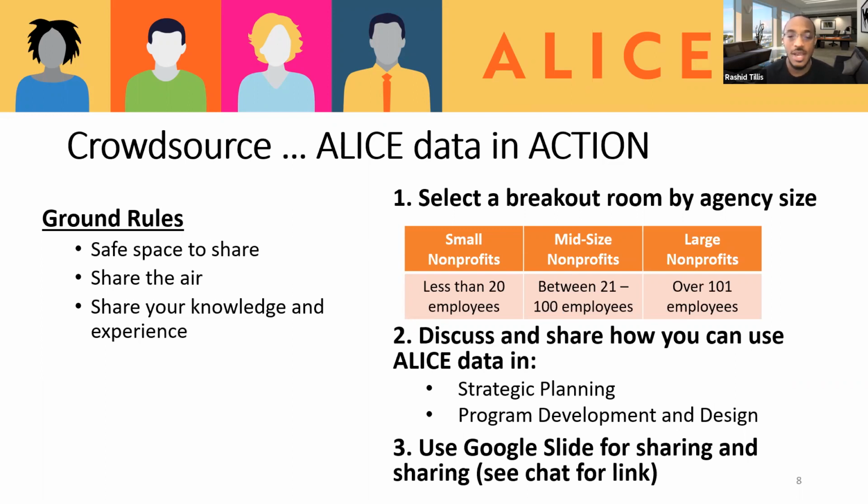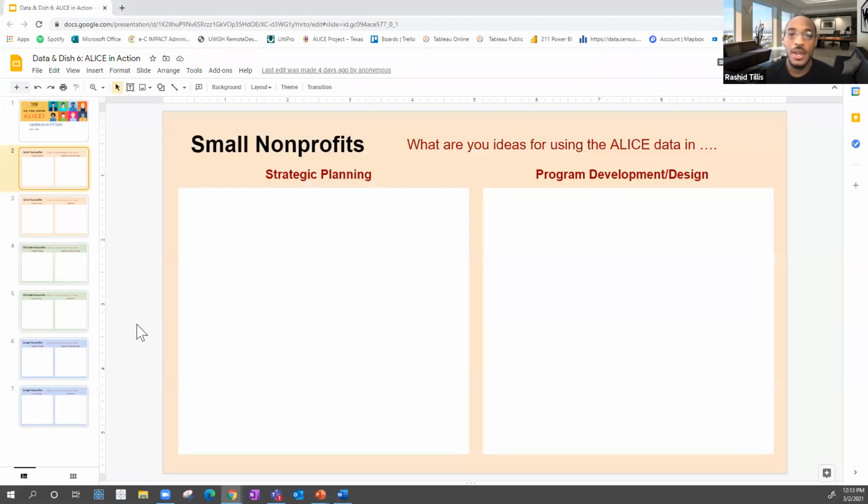In the chat, you'll also find the Google slide, which is the place where you can drop your notes and put in your thoughts, and we use that throughout the meeting to refer to. If you want to go ahead and pull that up, I'm already seeing the little icons at the top that show you are joining the live Google Doc.